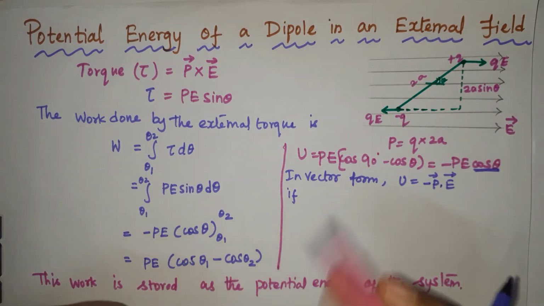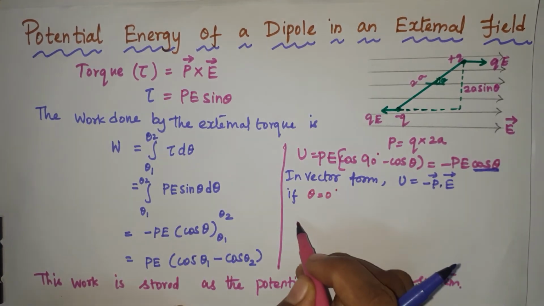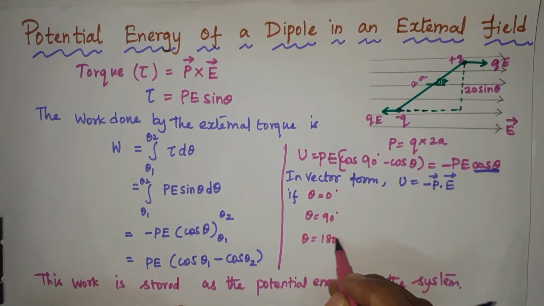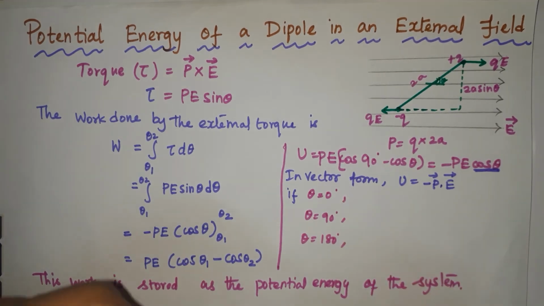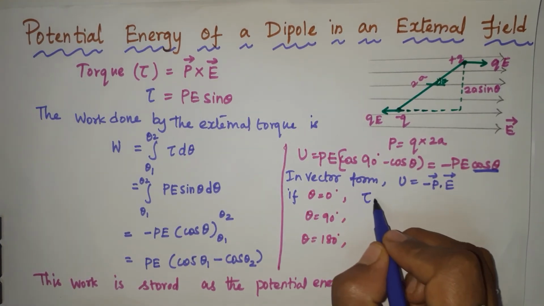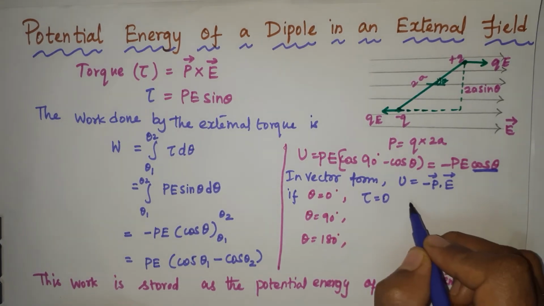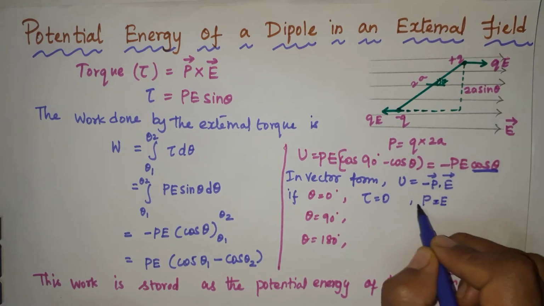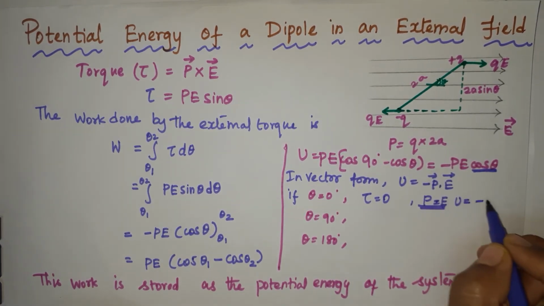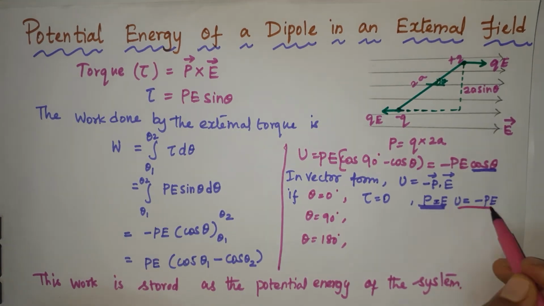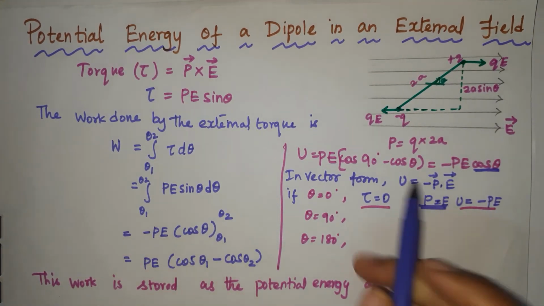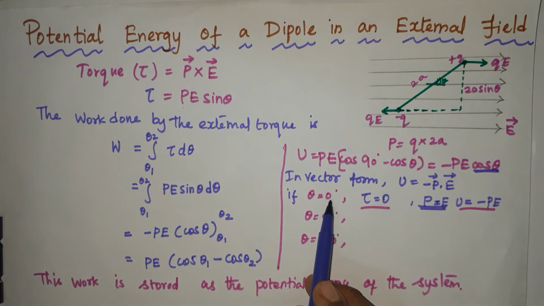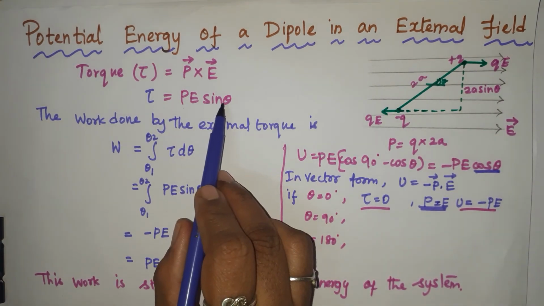Now consider the cases theta equal to 0 degree, 90 degree, and 180 degree. For theta equal to 0, tau is equal to 0, because tau is PE sin theta and sin 0 is 0.